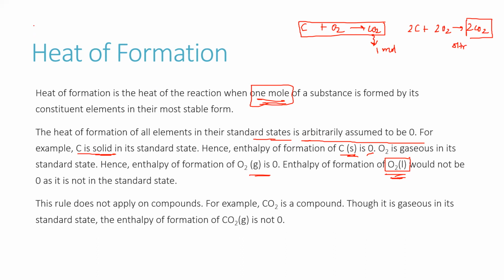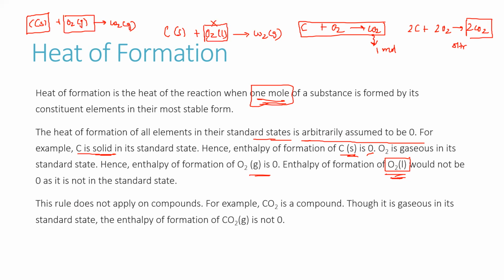So if I give you this particular reaction, then you can simply say that since this is in its standard state, and this is in its standard state, therefore enthalpy of reactants is equal to 0. However, if I give you the reaction as this, then you cannot say so because this is not in its standard state.